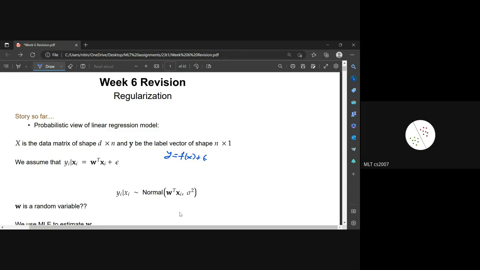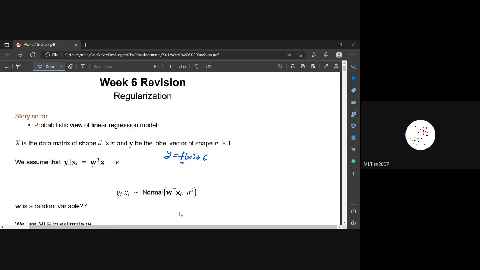Here we make the simplest assumption, that the function that generates the data set is a linear function of the features. We see how the model that we have learned performs on the training data set. If it doesn't perform well, then we go to higher degree polynomials. We try to fit a 2-degree or 3-degree polynomial, depending upon how those perform on the training data set. That's the simplest assumption we have seen.